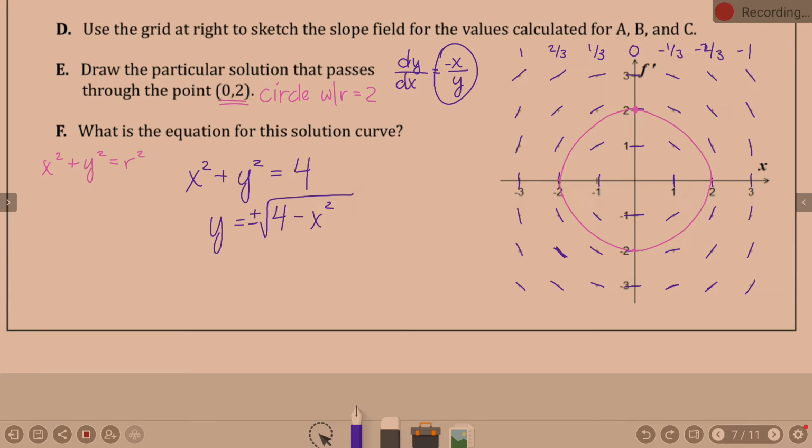Oh, okay, got it. Just answered my own question. Okay, so we can agree. We're at the top of the graph, slopes are decreasing, yes? What happens when we go below the x-axis? Because what happens over here? This is negative 1, negative 2/3, negative 1/3, 0, 1/3, 2/3, 1.